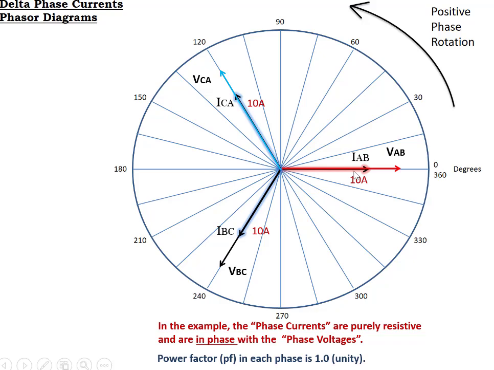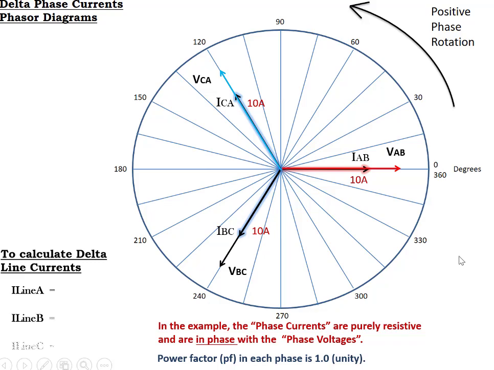The resistor connected in phase A to B draws a current of 10 amps, so that IAB, that phase current, is right in phase with the phase voltage A to B. The load connected in phase B to C that draws 10 amps is right in phase with the phase voltage B to C. And the resistor connected in phase C to A that draws 10 amps is right in phase with the voltage across that resistor, because they're purely resistive loads, and voltage and current are in phase.